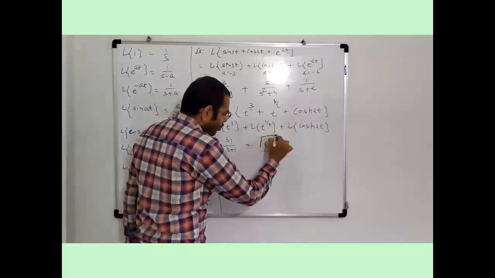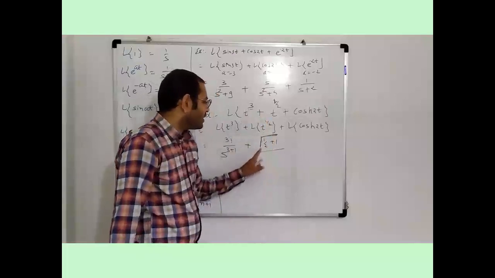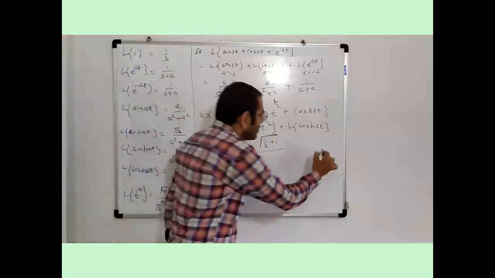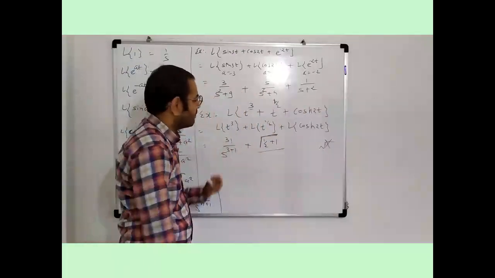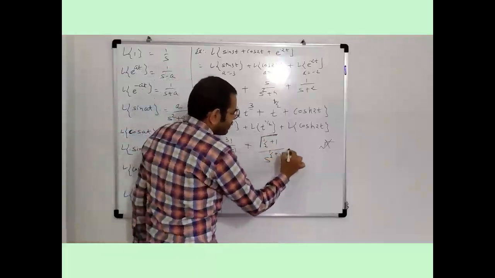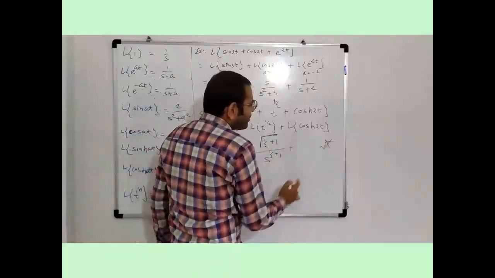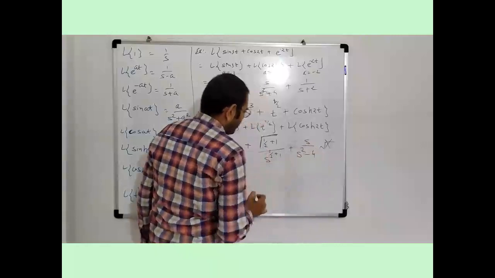I am mentioning this again because some students write it as a square root. It is the gamma function: gamma 1/2 plus 1 upon s raised to 1/2 plus 1. And cos hyperbolic 2t gives s upon s square minus 4.